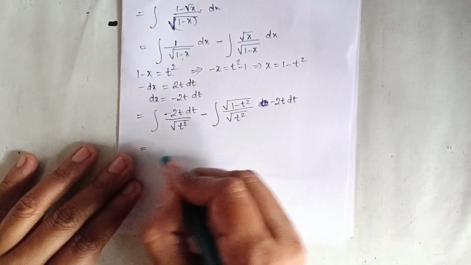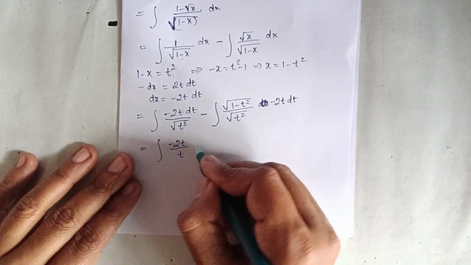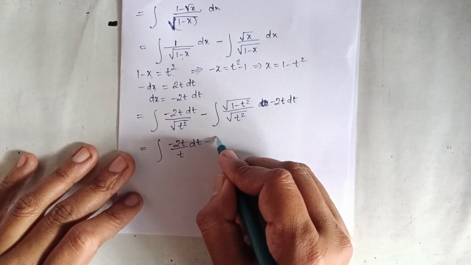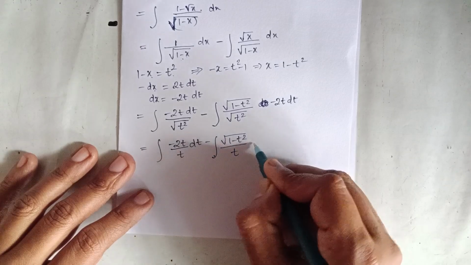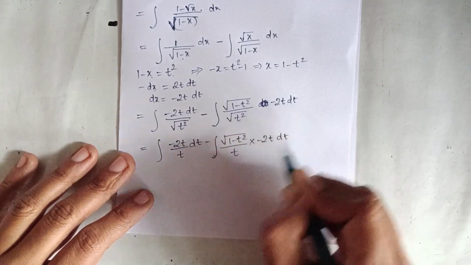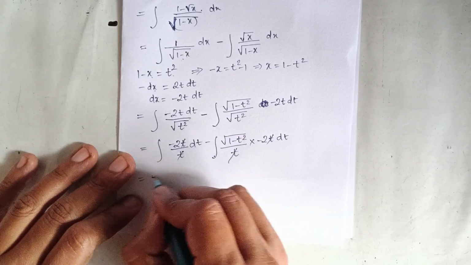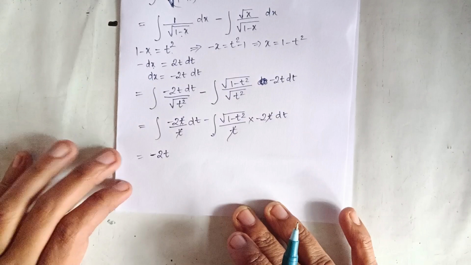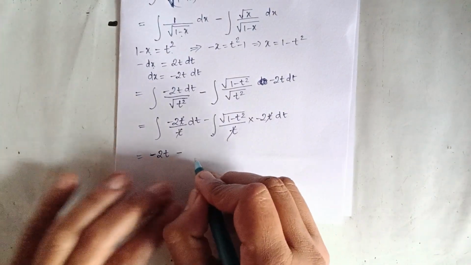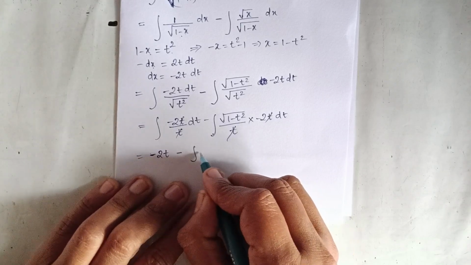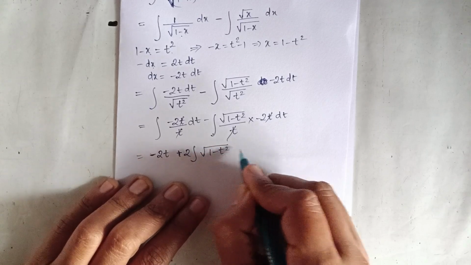So this is minus 2t upon t square root, which is t, dt. dt gets cancelled. Integral of minus 2 dt is minus 2t, minus integral of minus into minus, plus 2 root of 1 minus t square dt.